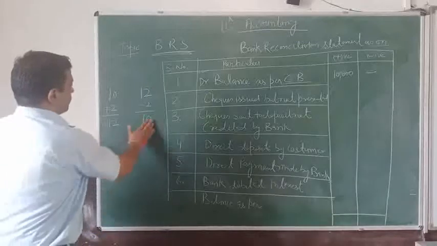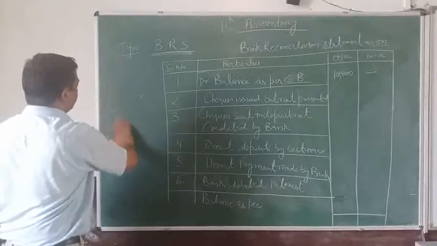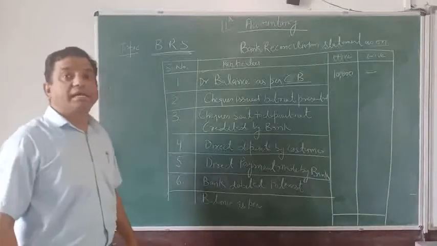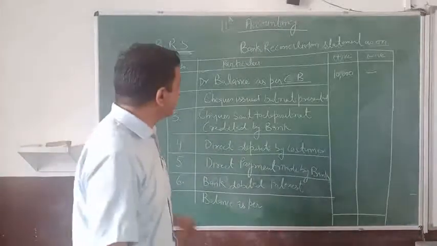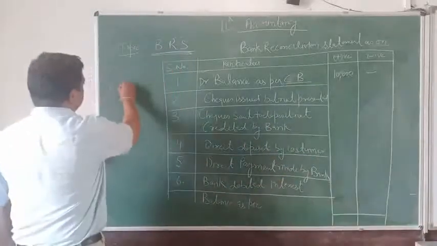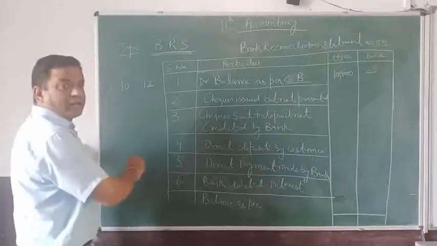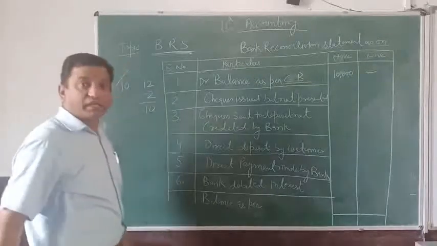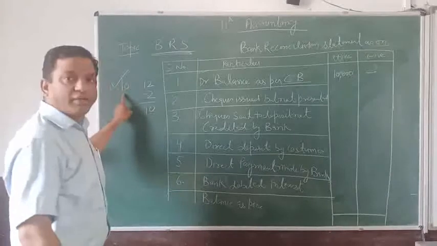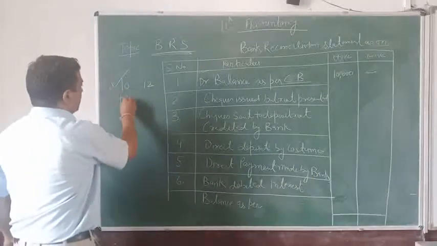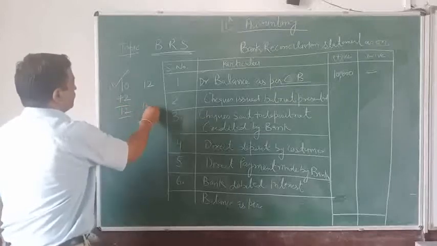So when two things are not equal to each other, then one thing I have to take as a base. Base means to whom I have to make the other equal. Like I was telling you 10 or 12, and I have deducted 2 from 12, means I have taken the 10 as base, because I have made 12 equal to 10. But if I had taken 12 as base, then I would add 2 in the 10.